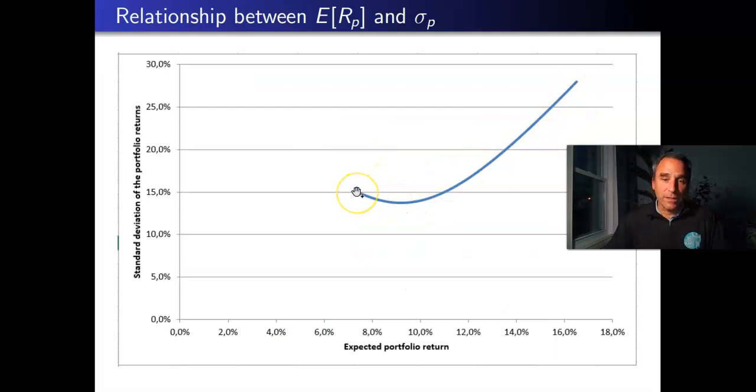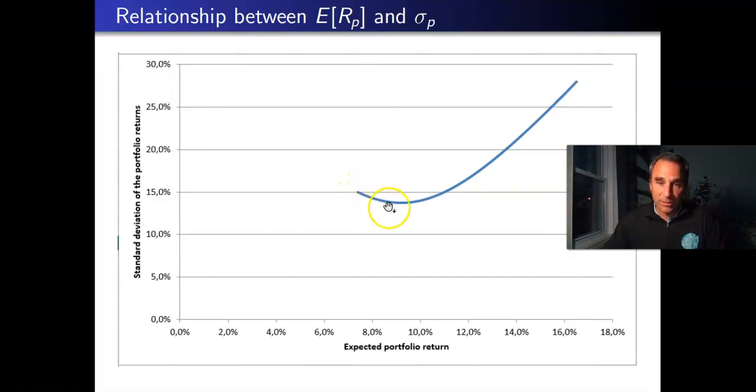So if all the weight is in B, we obtain the expected return of asset B and the standard deviation of B. As we move slowly the weight towards A, we move towards the characteristics of A, which are 16.5% return and 28% standard deviation.